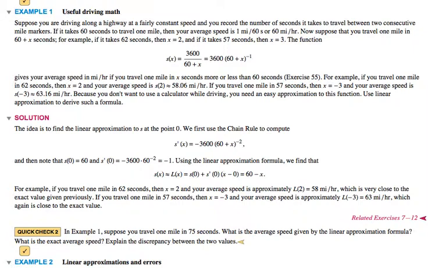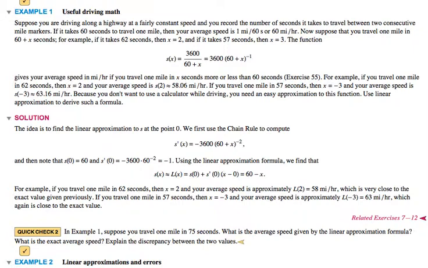If we travel 1 mile in 62 seconds, then x is 2 and our average speed is s of 2, or about 58.06 miles per hour. If you travel 1 mile in 57 seconds, then x is negative 3, and your average speed is s of negative 3, or about 63.16 miles per hour.